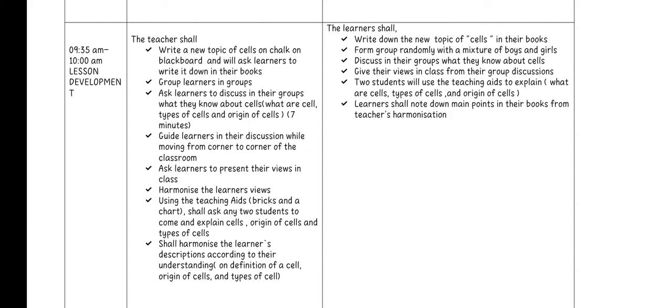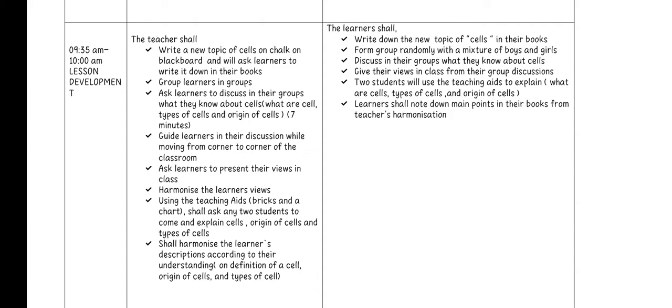After forming groups, the teacher shall move around the class to monitor how learners are discussing in their groups, to ensure that there is no noise in class, to ensure that each member of the group is participating, and to help learners where they find difficulty.